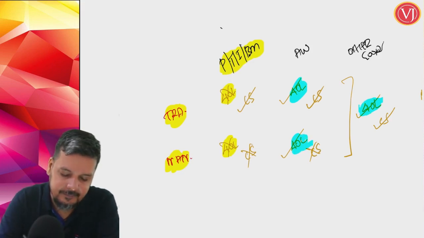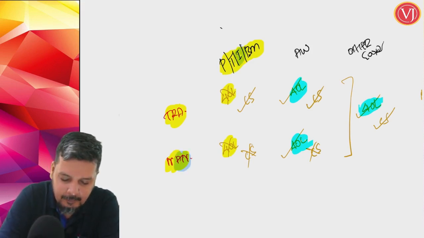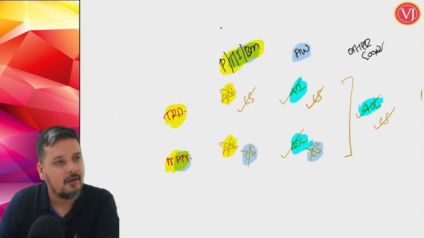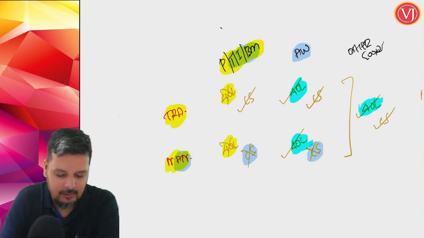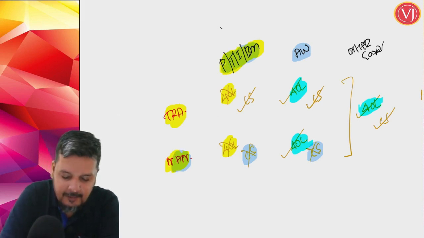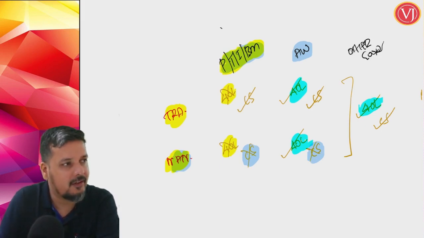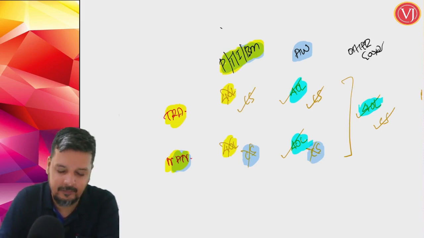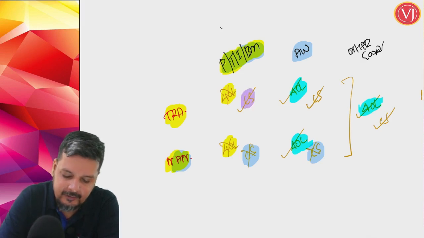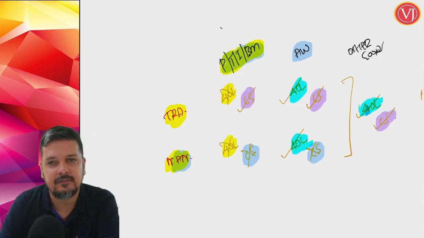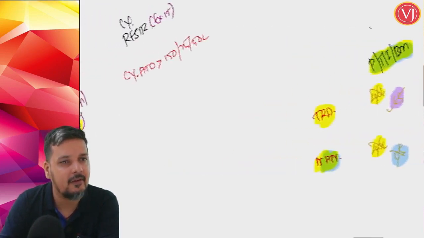If I am manufacturing pan masala, tobacco, ice cream, building materials, or aerated water, I cannot think of composition scheme. Only for a manufacturer, all these items. In all other cases, I can think of composition scheme.